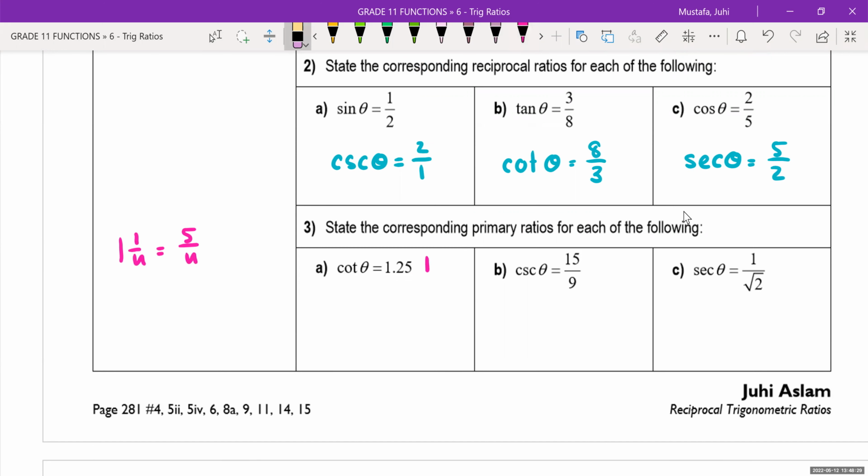So really, this question is asking us if this is cotangent theta is equal to 5/4, what is the corresponding primary ratio to cotangent? Tan theta is going to be equal to 4/5.